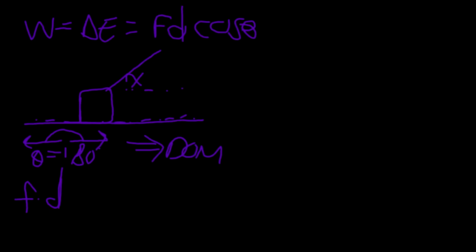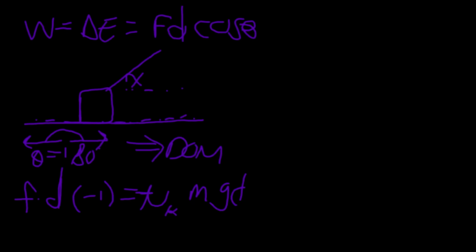The cosine of 180 is -1. So we know that friction does negative work on the box. It is therefore taking away energy. And you could also set this equal to the coefficient of friction, which would be kinetic friction since the box is moving, times the weight of the box, times d, and that is all negative.